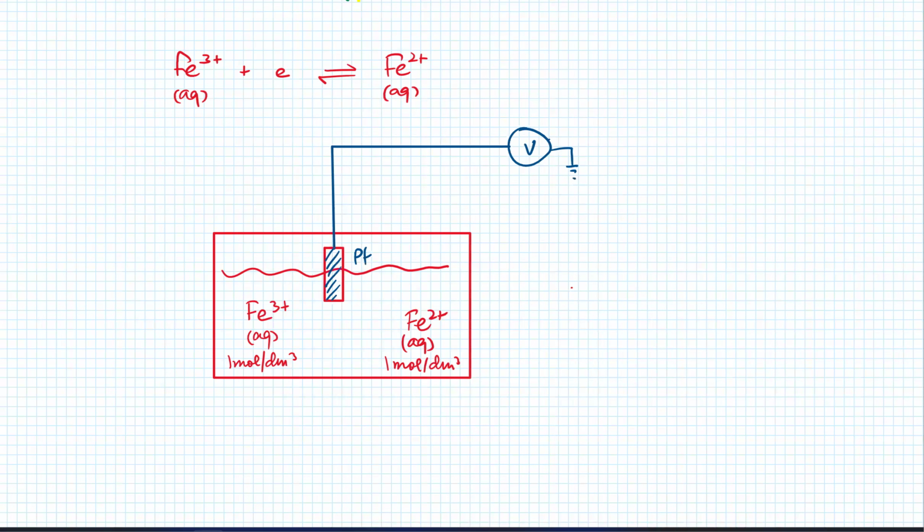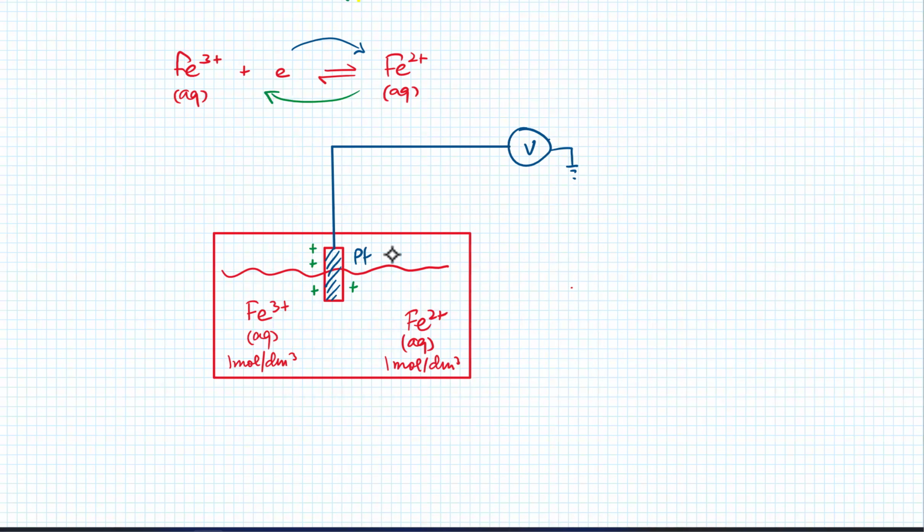So let's say Fe3+ likes to gain a lot of electrons. What will happen to the electrode? It will become very, very positive, because Fe3+ is going to come to the platinum electrode and start gaining electrons, and it will start turning into Fe2+, right? So the platinum electrode would become very, very positive. Vice versa, if the reverse was true. Right now I have no idea what it likes to do.